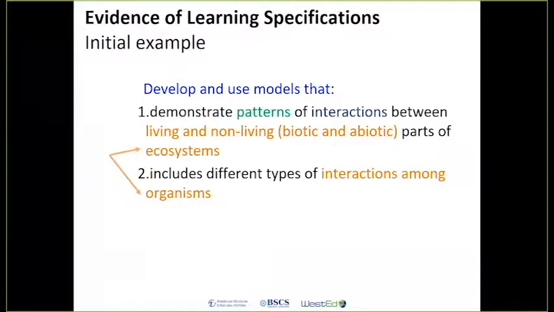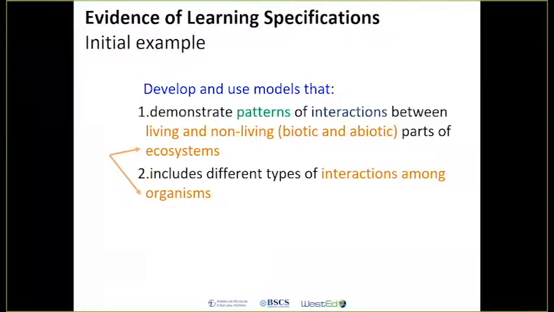And we start with the skill that we want students to learn, and that was to develop and use models. And we want these models to demonstrate possibly the patterns of interactions between the living and non-living parts of an ecosystem. And we want to include those different types of interactions among organisms.